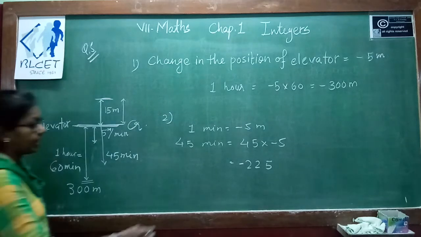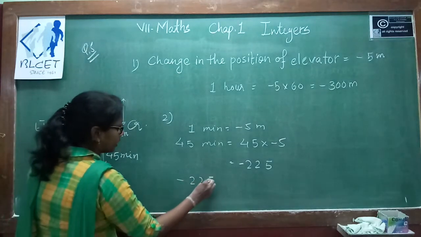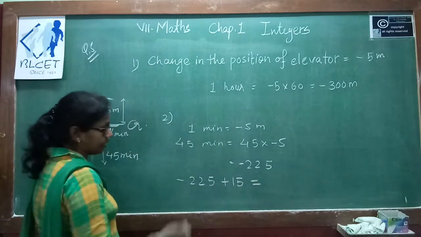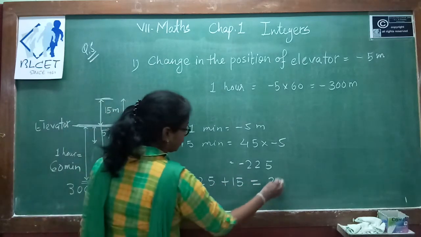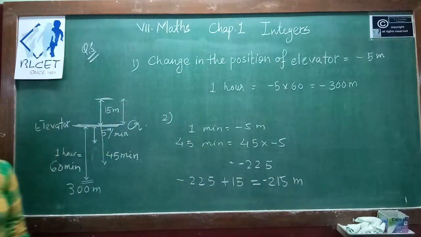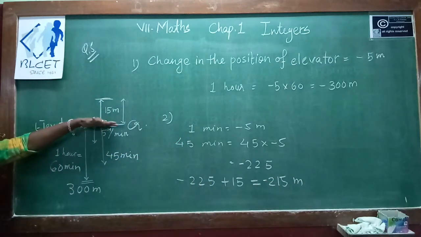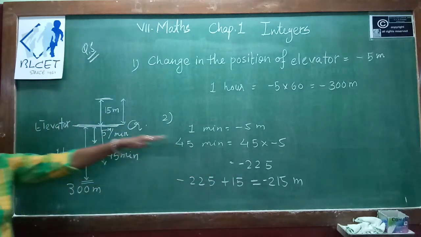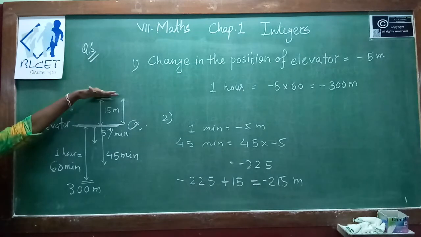So what can we say? The final position is what? -225 plus 50. So what is the answer? We have to do the subtraction. It is 175 meter minus. We started from here, so we are getting the answer -225, but the actual starting position is here.